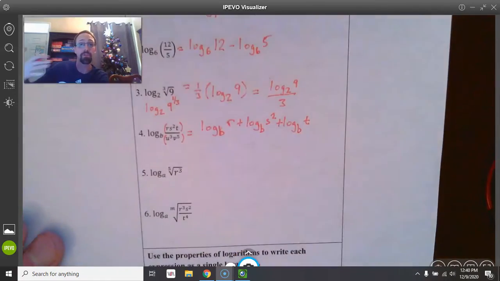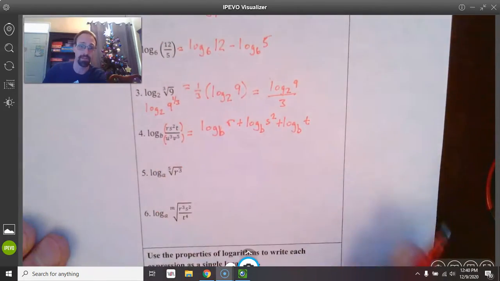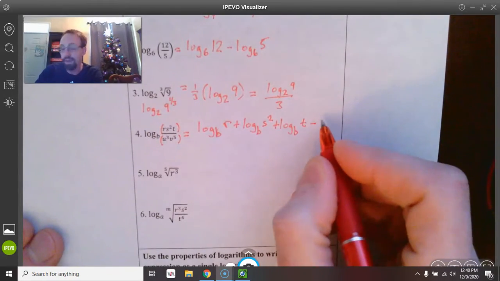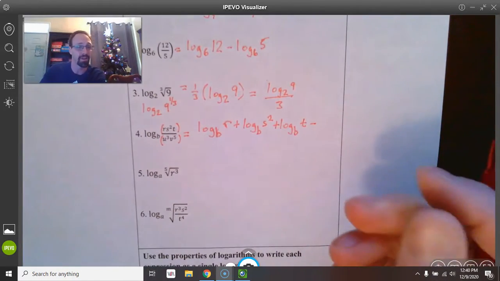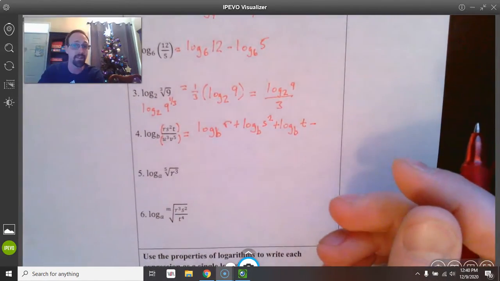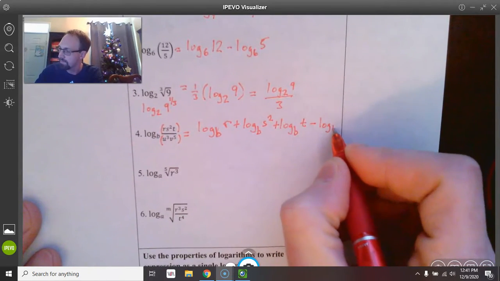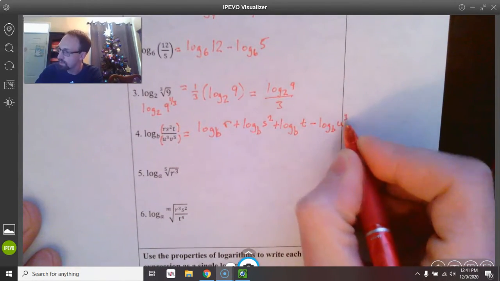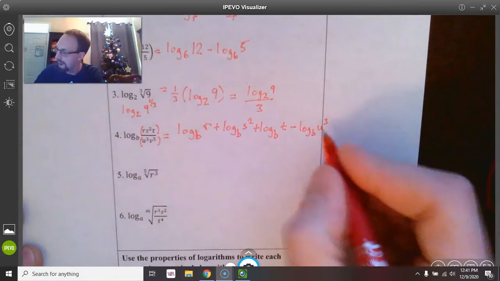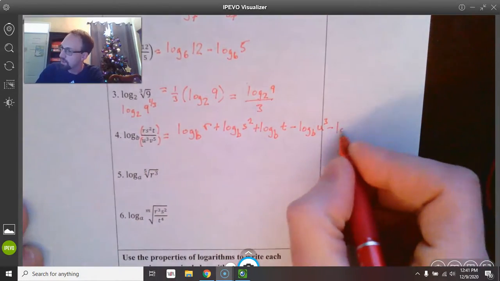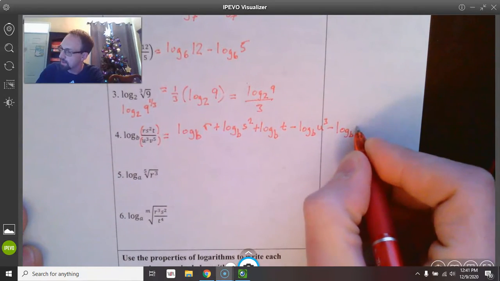Now, I'm subtracting all of these, u cubed and v to the 5th. So I'm going to do minus. If you want to think about it in terms of parentheses and then distribute, that's fine. But really, it's minus log base b of u cubed minus, again, because the v to the 5th is in the denominator, log base b of v to the 5th.